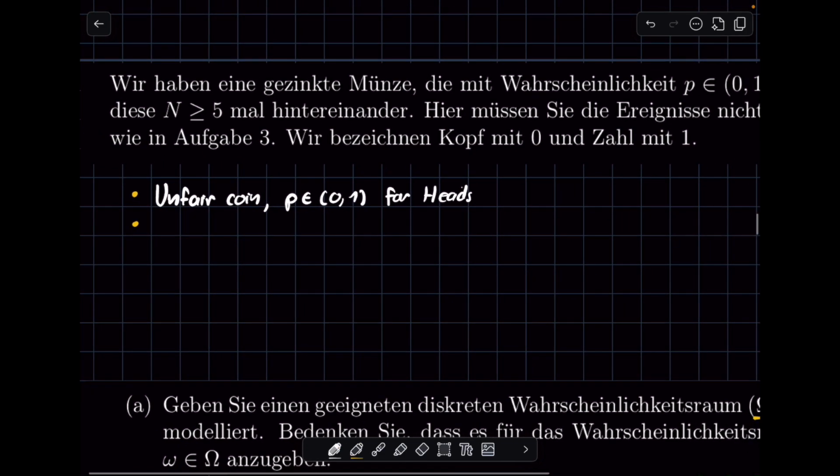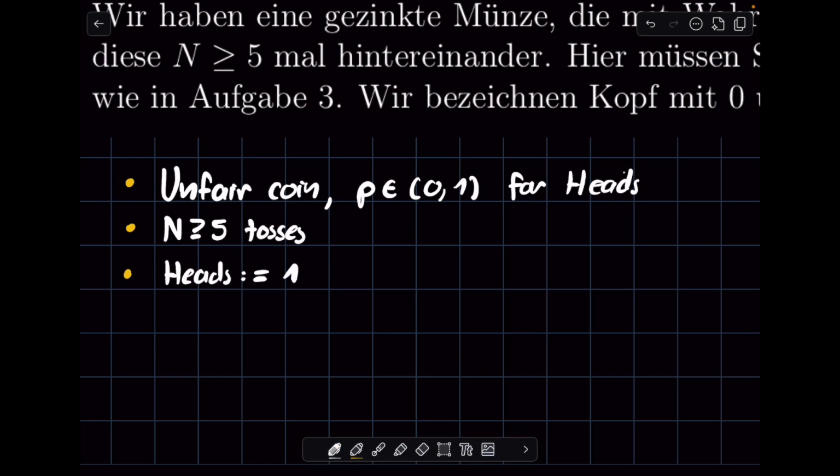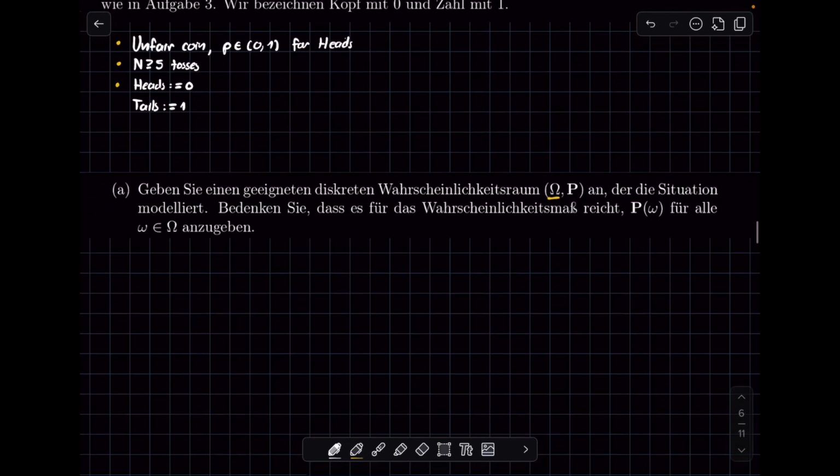Then we throw this n times, so n greater than or equal to 5 tosses, and we denote that heads are denoted as 0, and tails are denoted as 1. That's it.